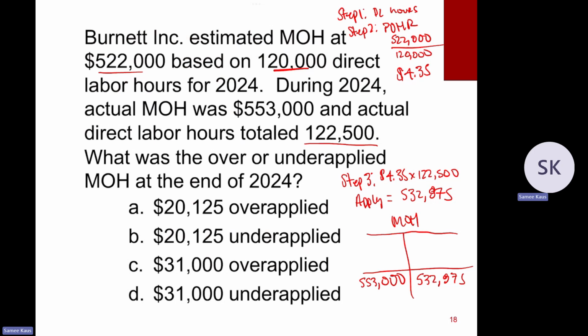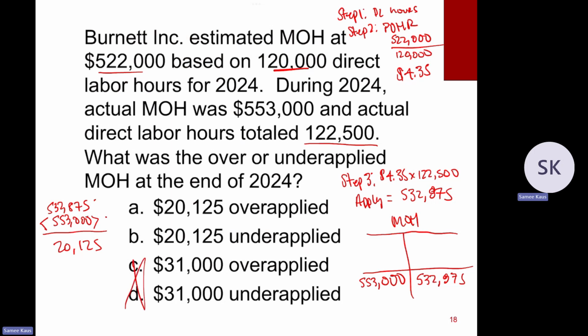Well, what I need to say is take the difference of the two. So I'm going to say that I applied 532,875, but I actually incurred 553. Hopefully, based on my tone of voice, you can tell that I was like, hey, I estimated less than what I actually incurred. So the difference here is 20,125.